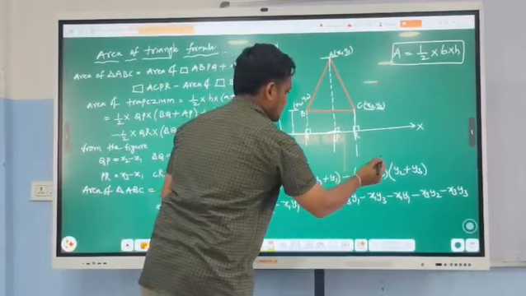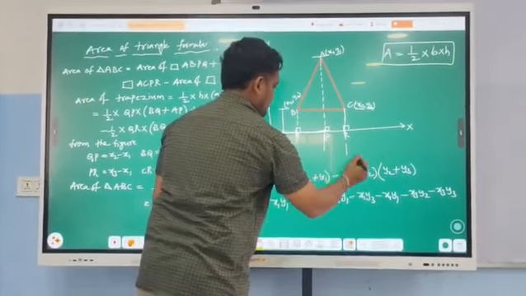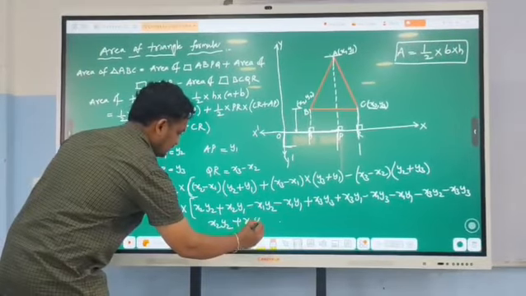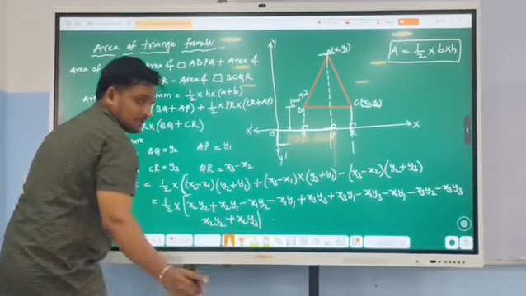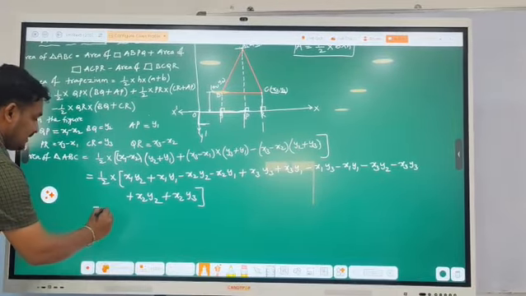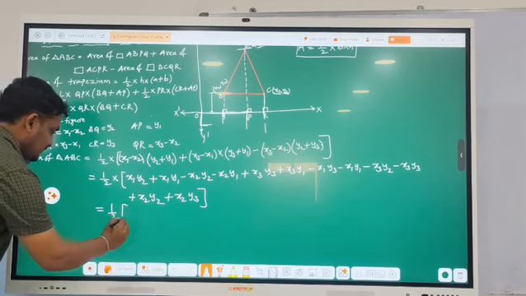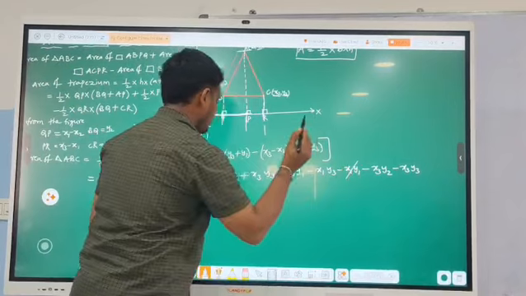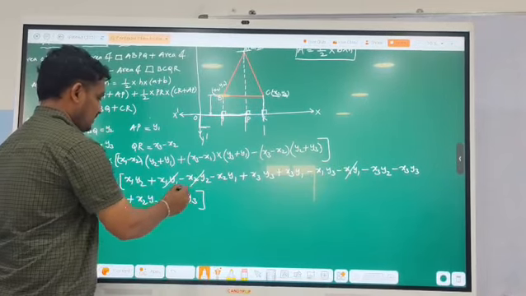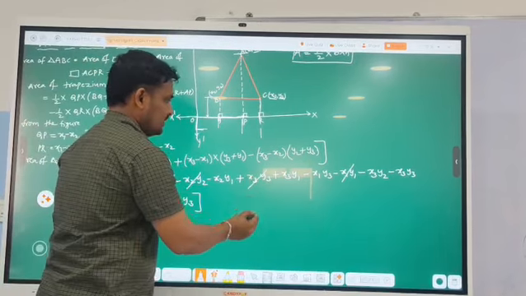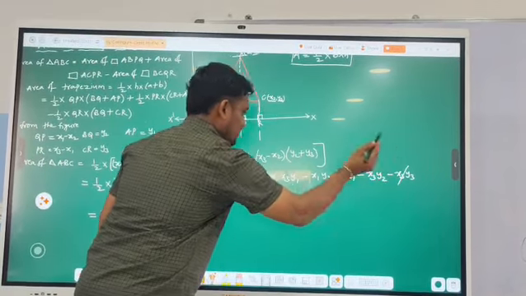The same way, minus into minus plus, plus into plus plus, so it is x2 y3. Now you can cancel the like terms. What are the like terms here? You can see plus x1 y1 and minus x1 y1 will be cancelled, plus x2 y2 and minus x2 y2 will be cancelled, plus x3 y3 and minus x3 y3 will be cancelled.